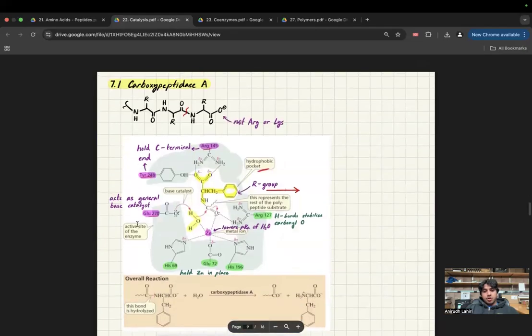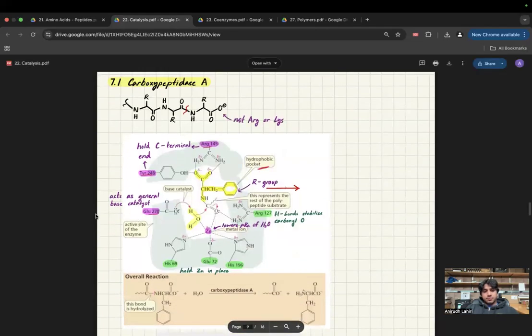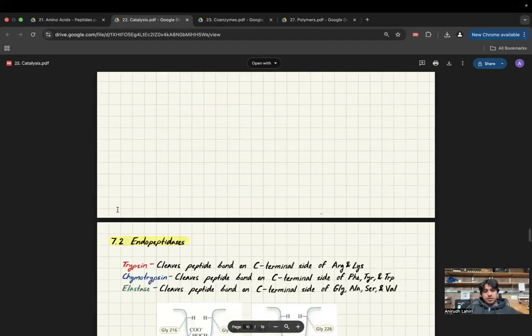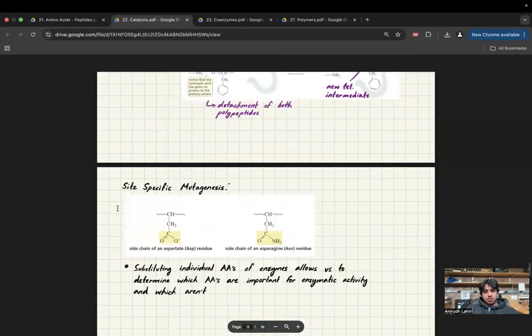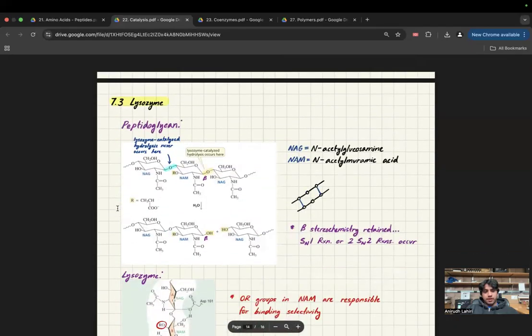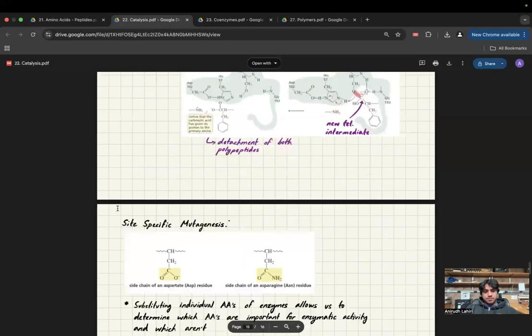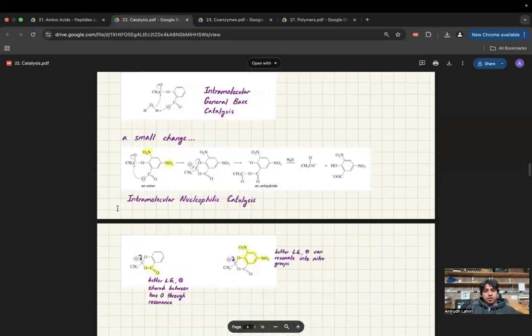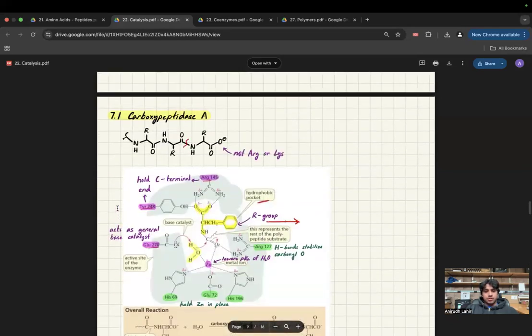Okay. Carboxypeptidase A. Now we're going to start talking about some of the enzymes that cleave peptides, right? So we have carboxypeptidase A, we have endopeptidases, and we might have one more. We have a lysozyme, right? So what is going on here? What is the importance of these things?